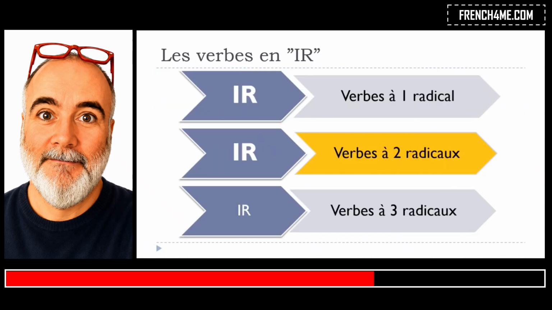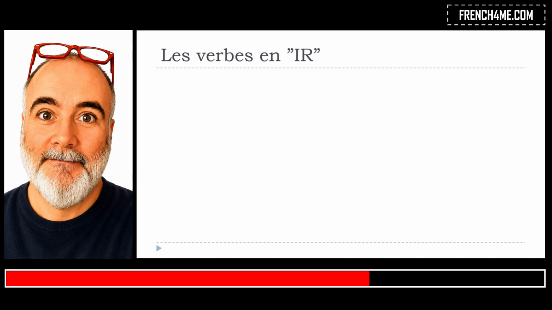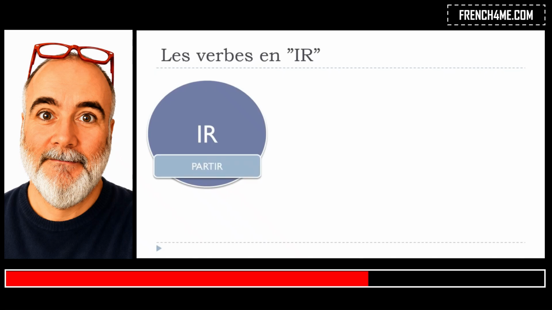Okay, so now let's see the second group, so what we call les verbes à deux radicaux. And so we'll take partir. Partir is to leave. We use this verb quite often, okay? So basically it's quite important to see how to conjugate that at the present form.